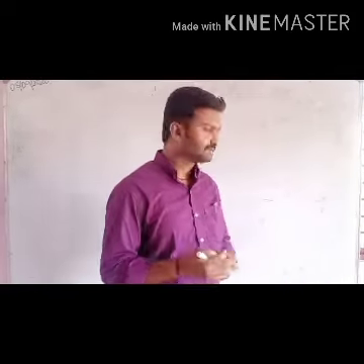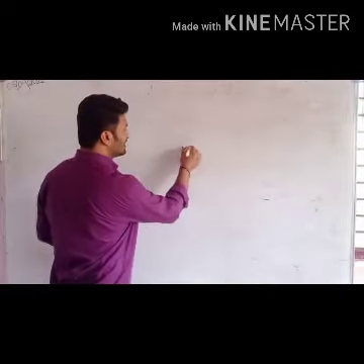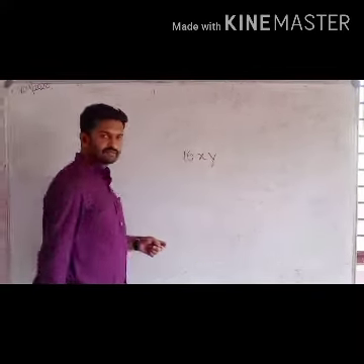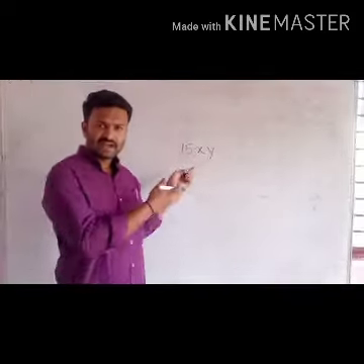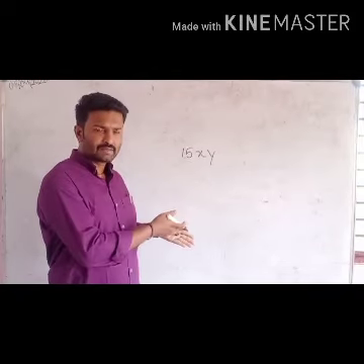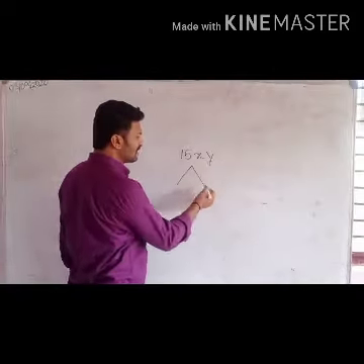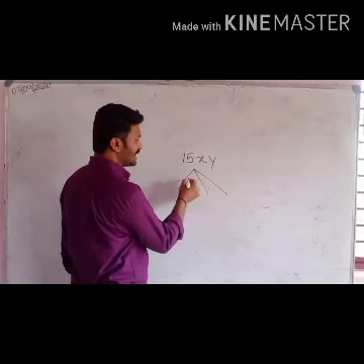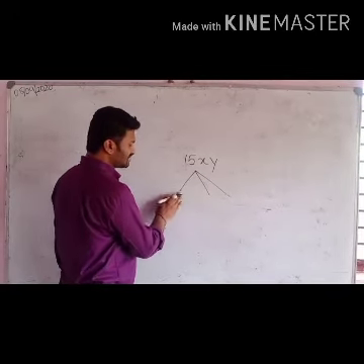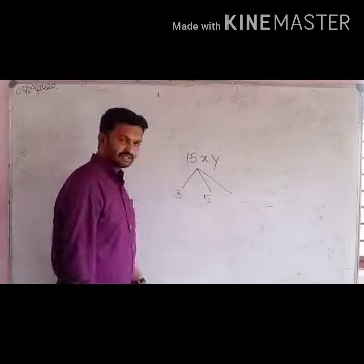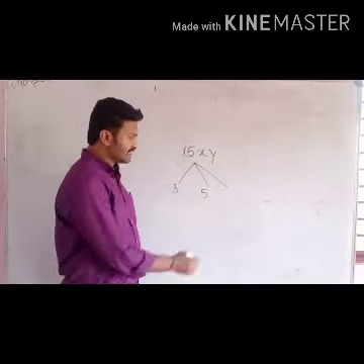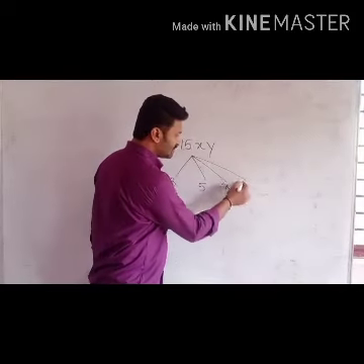For example, 15xy is a term. Find out the factors of 15xy. Here 15 can be factorized as 3 and 5, 3 into 5 is 15, and then x and y.